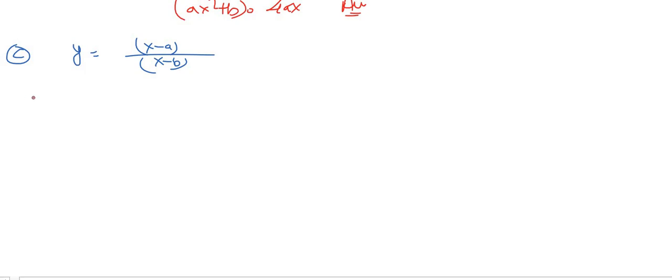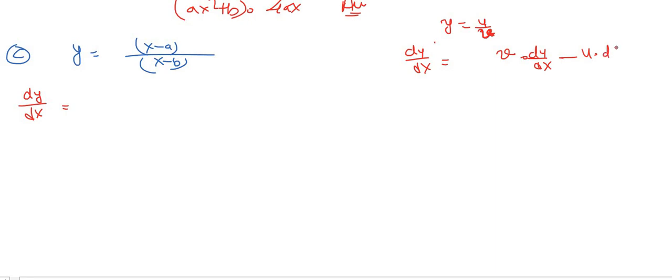This is part C. We have to find the derivative of this. So what formula will we use? If you have y is equal to u by v, so what is the formula? dy by dx is v as it is. Start with the denominator, v as it is, du by dx minus u as it is, correct? u as it is, dv by dx, by square of v, correct?